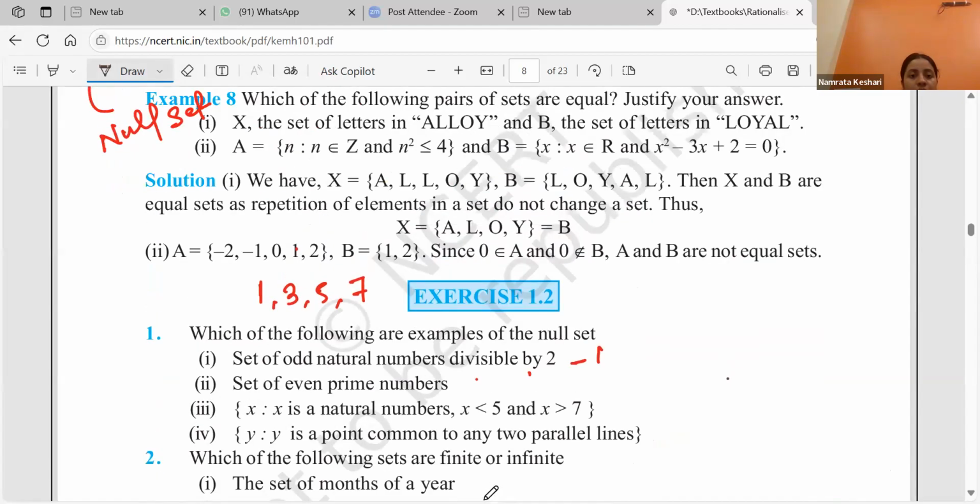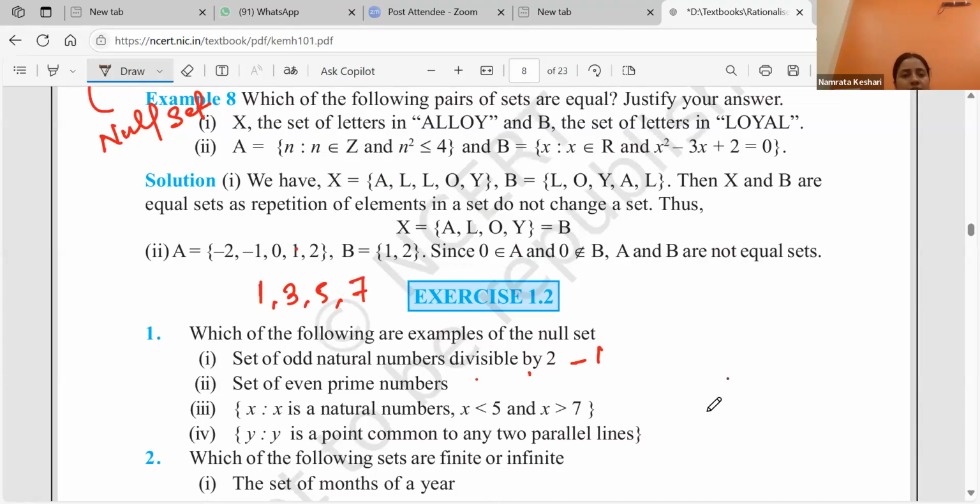Yeah, okay, it's not a null set. Next one: y such that y is... the next one we have already discussed: x is smaller than 5 and x is bigger than 7. Null set.